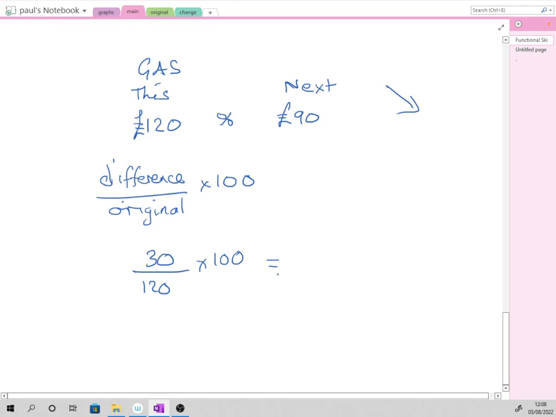So 30 divided by 120 times 100 is 25%. A 25% decrease, or change, because that's what we're after in the percentage change. So it doesn't matter whether you're going up or going down. It's the difference between the two numbers divided by the original.